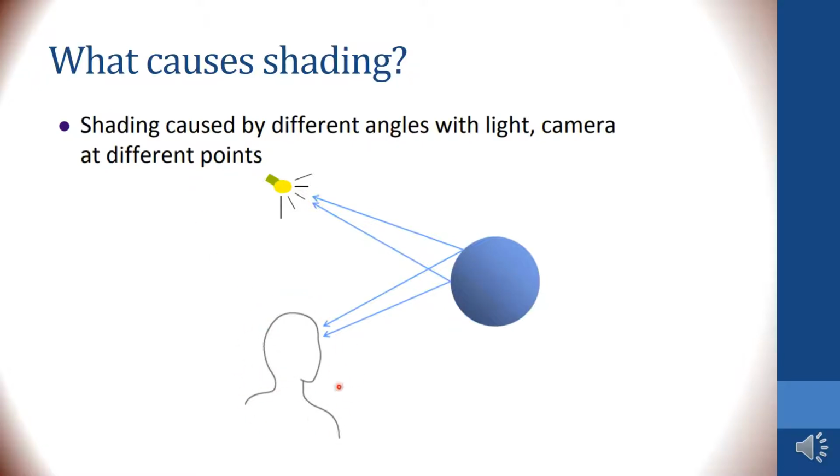Let's say our eye is here, this is the object, and this is the light. For shading to happen, it is caused by the different angle with the light. The light is coming from here, so it causes the reflection to different points.